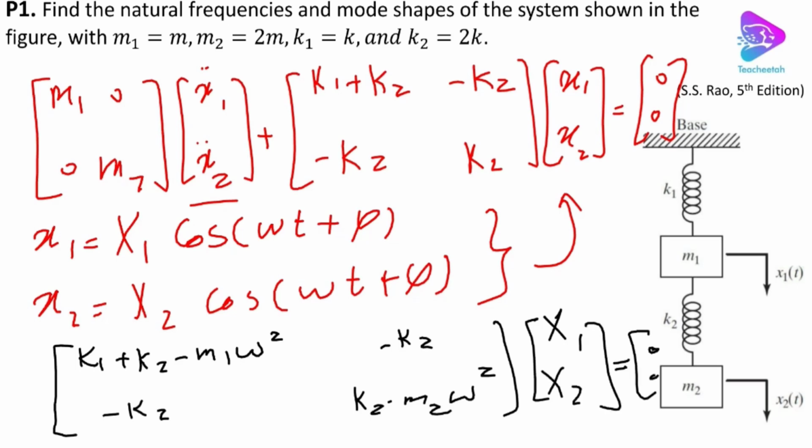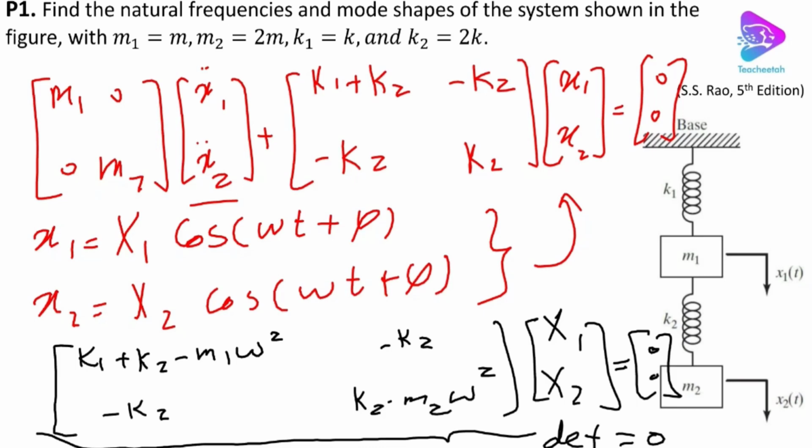The x1 and x2 here are capital X1 and X2, which indicate the amplitude of vibration. It's not dependent on time at this moment, right? So to find omega, or to have a non-trivial solution for this equation, we have to set the determinant of this matrix equal to 0, so that we can find omega 1 and omega 2.